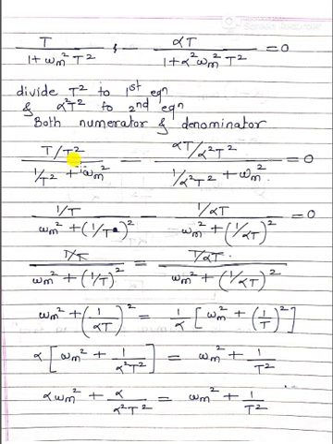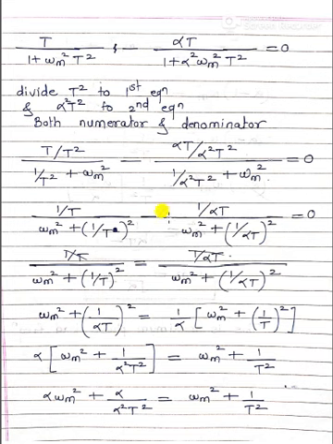By solving this, alpha gets cancelled, T gets cancelled, and we get 1 upon T upon (omega m square plus 1 upon T square) minus 1 upon alpha T upon (omega m square plus 1 upon alpha T square) equal to 0.